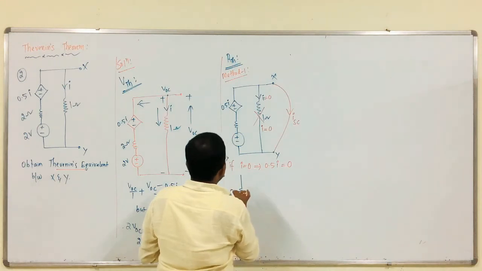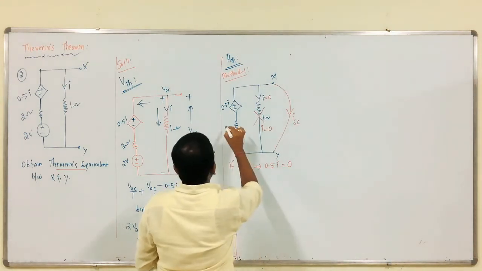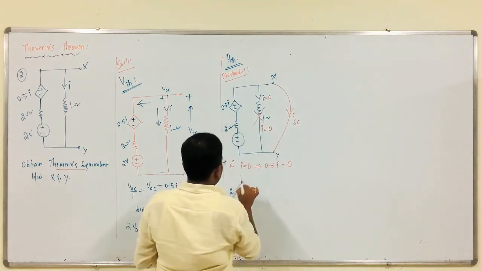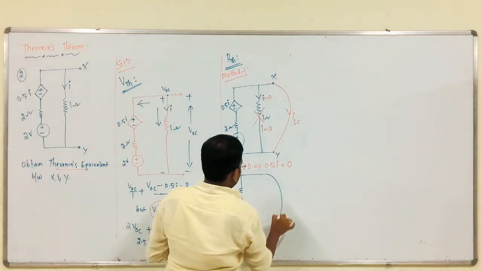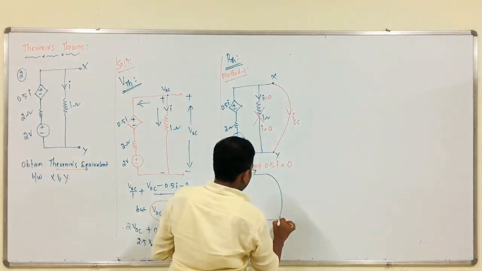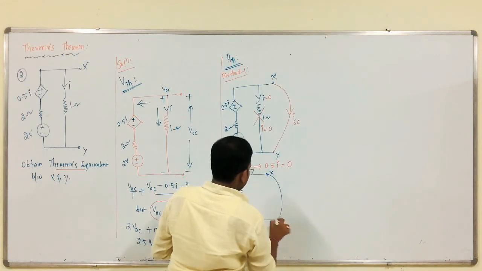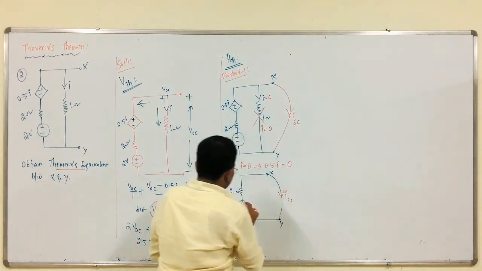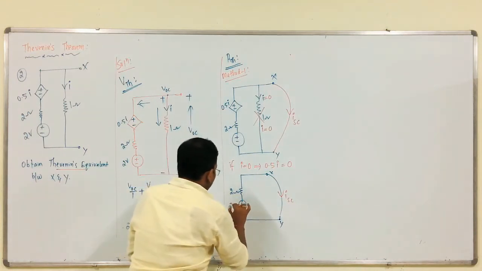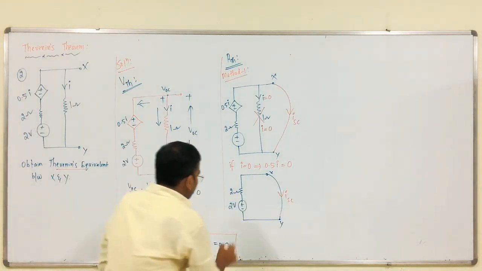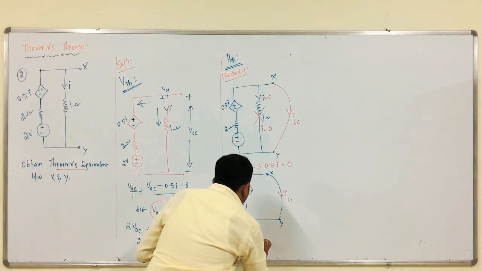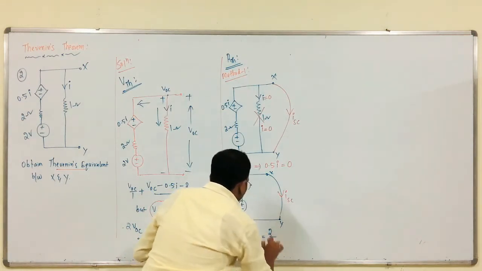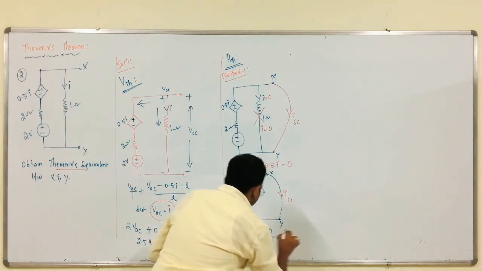Plus minus, this is 2 ohm branch. That is it. This is X, this is Y. Simple, we have ISC. Simple loop, no? This is 2 volts. From this, ISC is what? 2 by 2, which is nothing but 1 ampere.